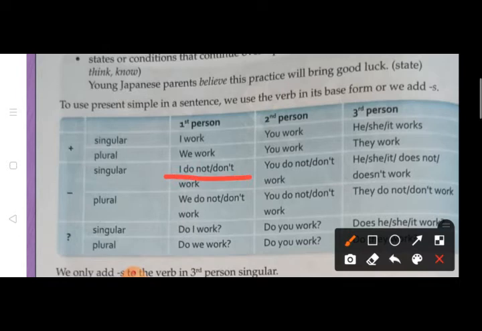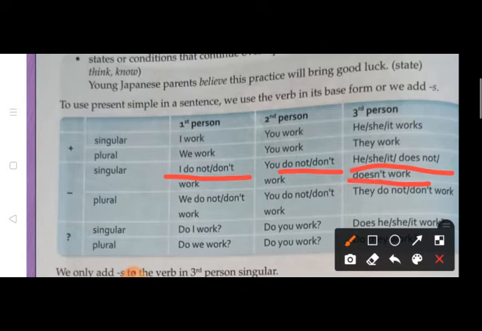We have to add do not when we are making a negative sentence. For singular first person, we write I don't work. For singular second person, we write you don't work. And for the third person, we write he, she, or it does not work.